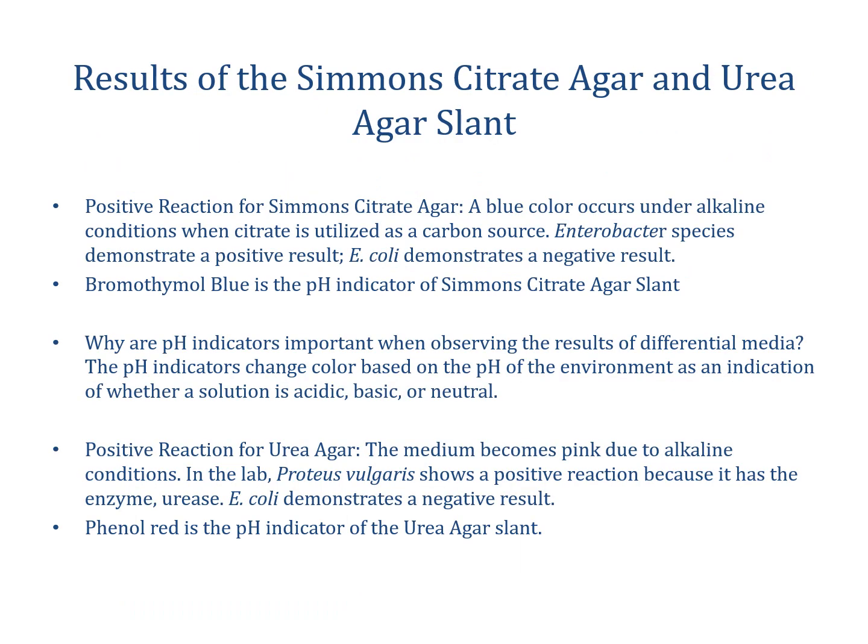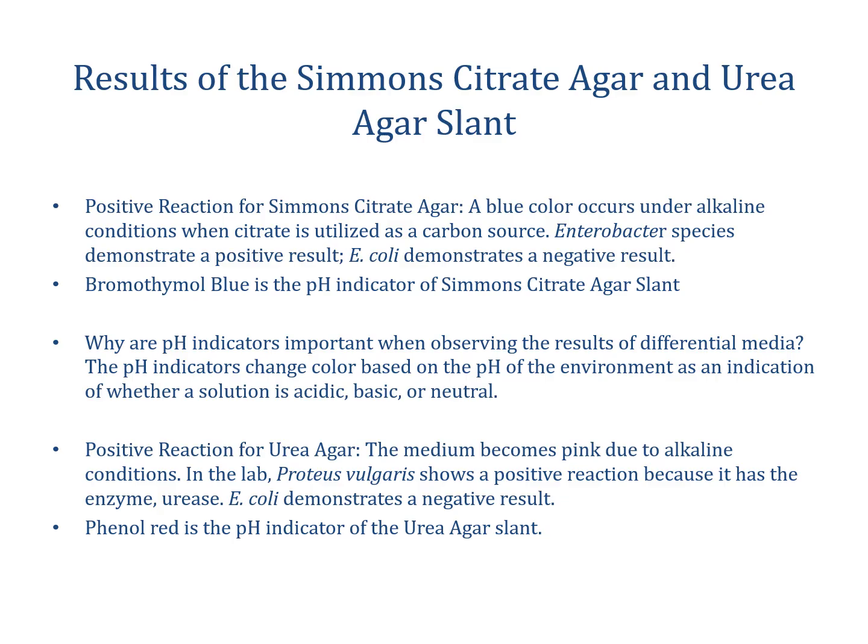The carbon source is citrate, by the way, for the Simmons citrate agar. The pH indicator is bromothymol blue, and it's based on the change in the environment pH.